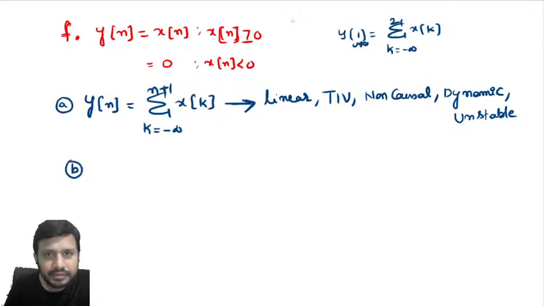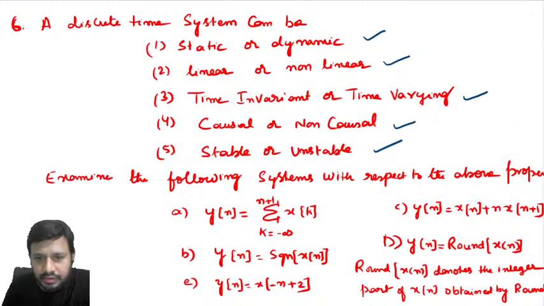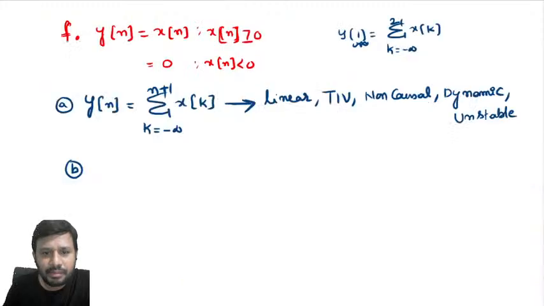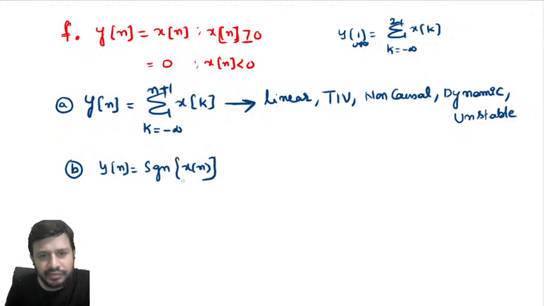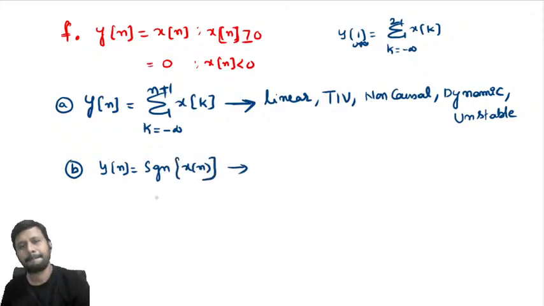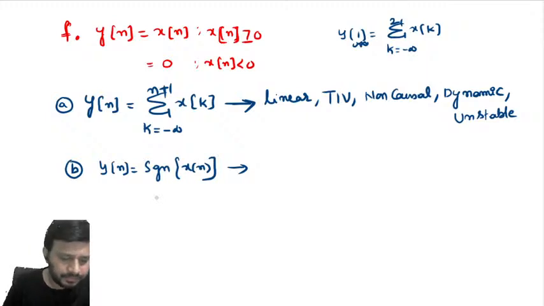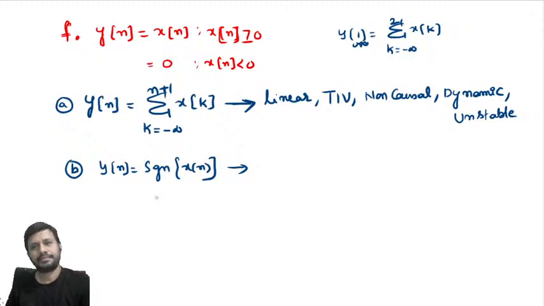Second one, y of n is equal to signum of x of n. Is it linear or non-linear?